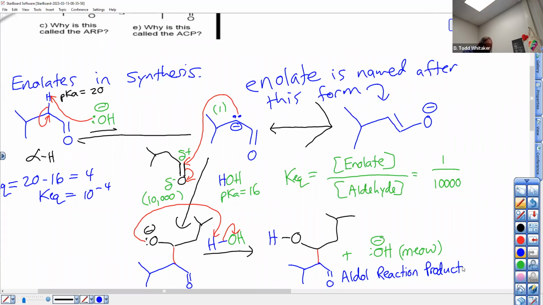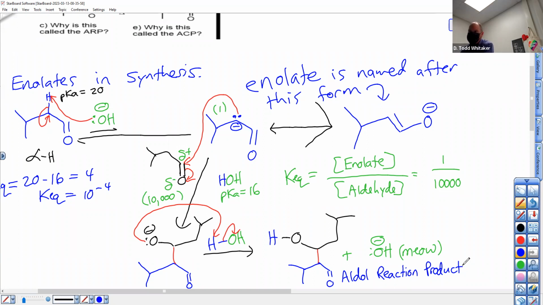Okay. The only thing I don't like about the name aldol is that this reaction also works with ketones. And you don't get an aldehyde and an alcohol, you get a ketone and an alcohol. I mean, you could call it a ketol reaction, and they did for a while. But it's the same reaction, so let's not have two names for the same reaction.